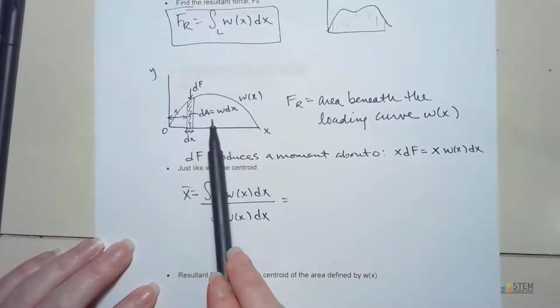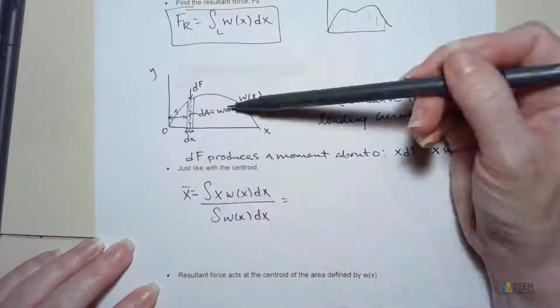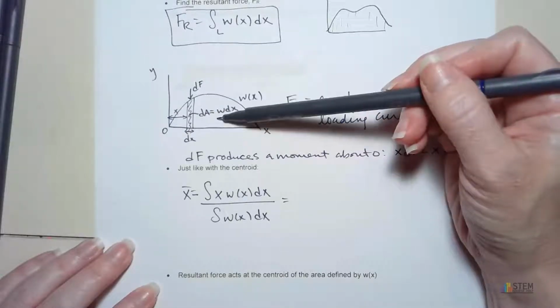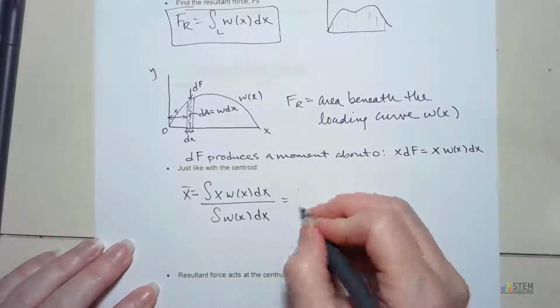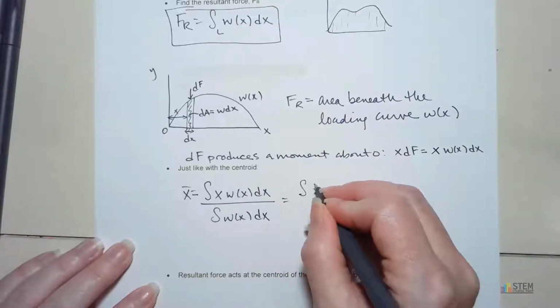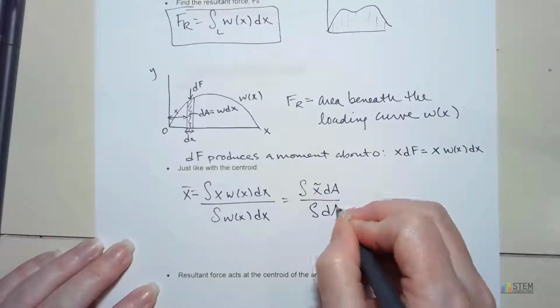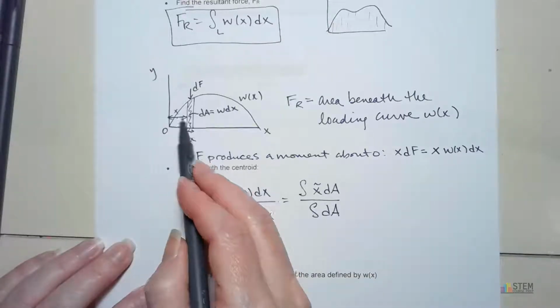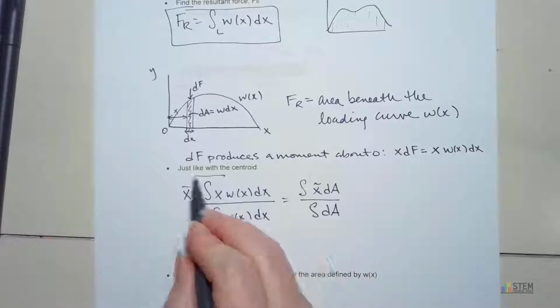Now we already said dA was w dx. Okay, so that's what that is. It's w because this height here is w. So this is just length times the width. That's exactly what we have here. So that gives us the integral of x tilde dA over the integral dA. x tilde is just the distance over to your area. Okay, so now we've got this equation also.